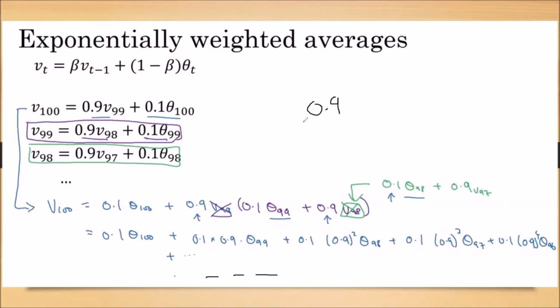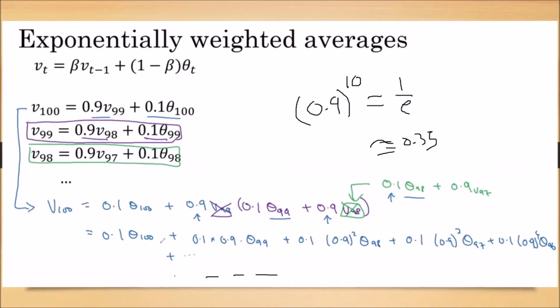But 0.9 power 10 is approximately equal to 1 by e, which is almost 0.35. So we are taking this term as almost negligible. When the weight becomes 1 by e, that term becomes negligible.